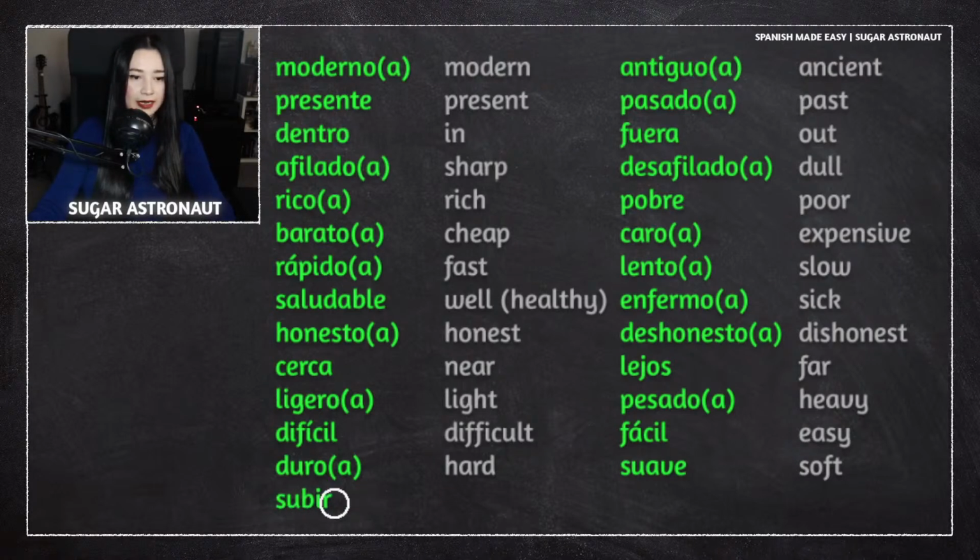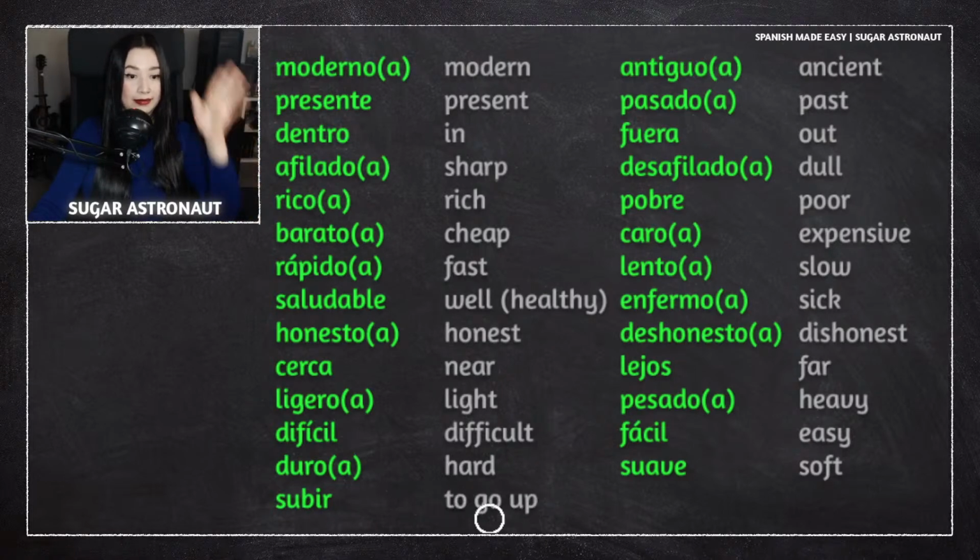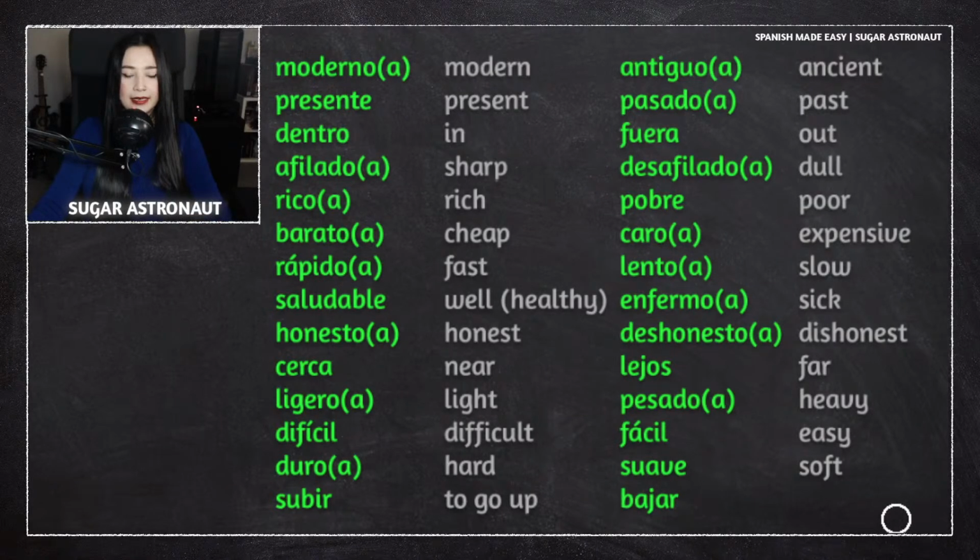Okay, let's see if we have one more. Yeah, subir. Subir means to go up. Sube las escaleras. Just go upstairs. That's how you say it in Spanish. Or bajar means to go down.